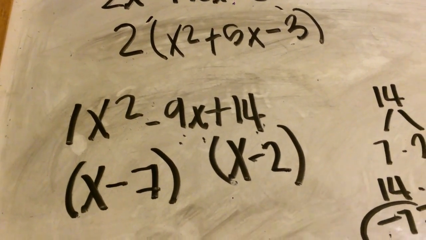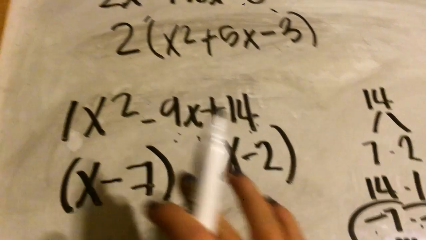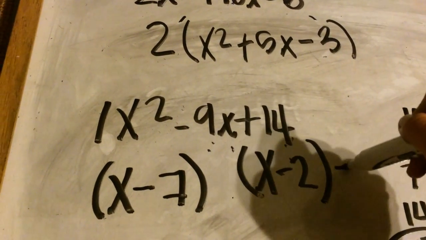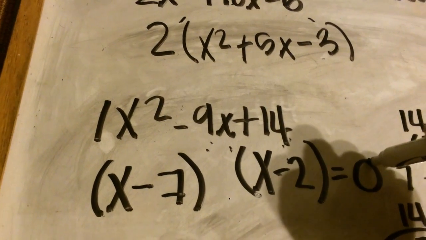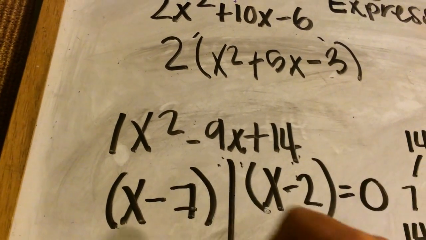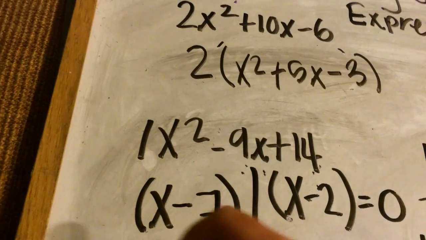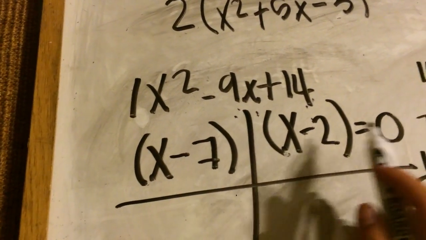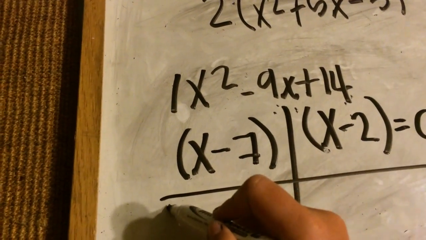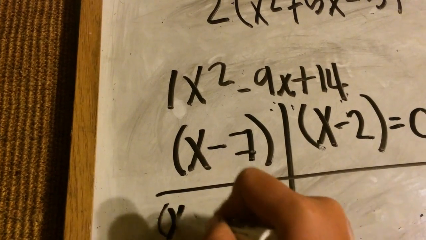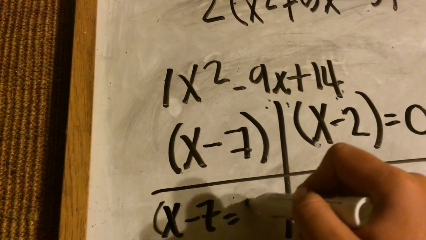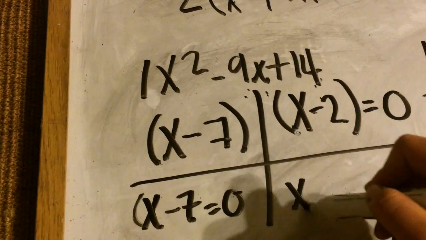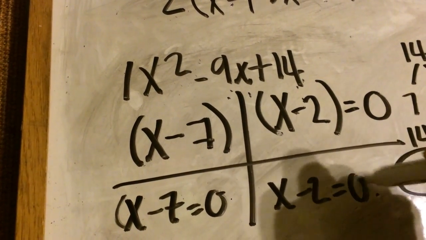Then we're going to solve for our binomials. We set this equation equal to 0 and make a t-chart, setting each binomial equal to 0. So x minus 7 equals 0, and x minus 2 equals 0.